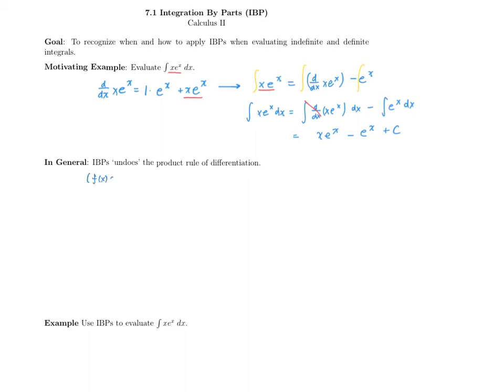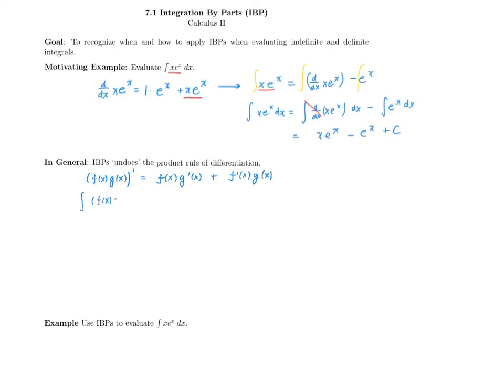If we have two functions multiplied together and we differentiate them, the product rule tells us we have f times g prime plus f prime g. And we can go ahead and integrate this term by term.